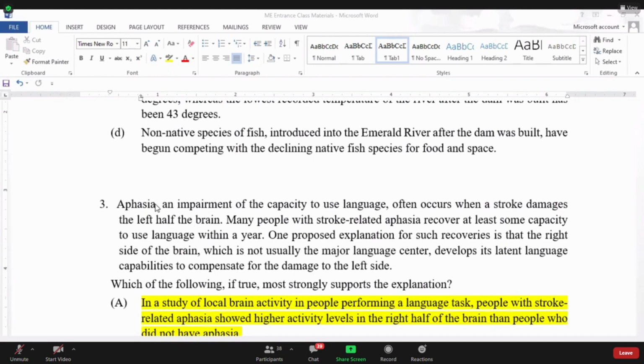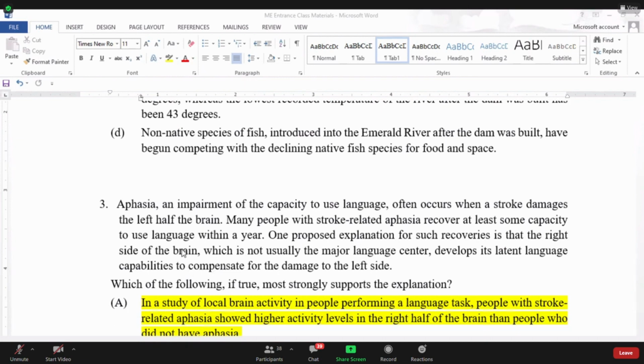It means that person is unable to use language. Many people with stroke-related aphasia recover at least some capacity to use language within a year, and start using language again.